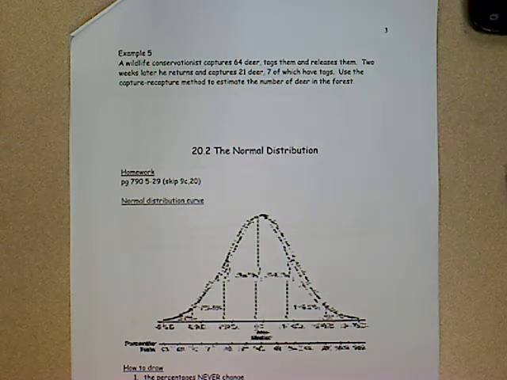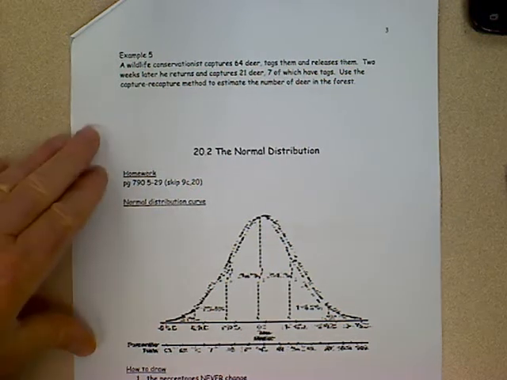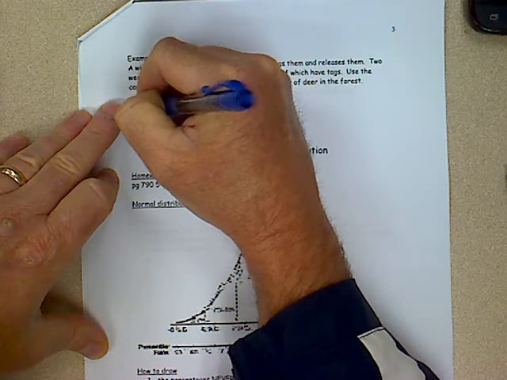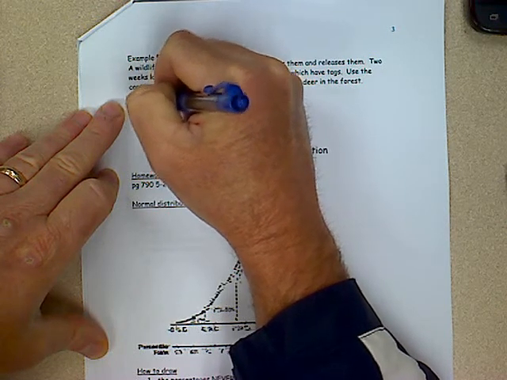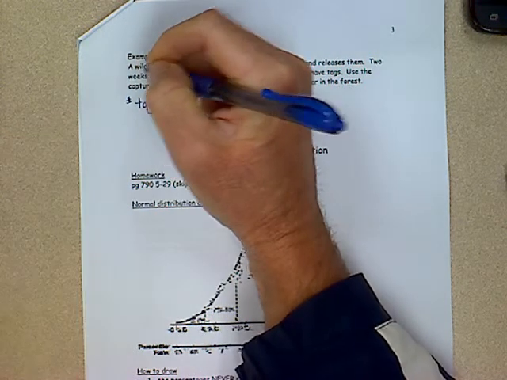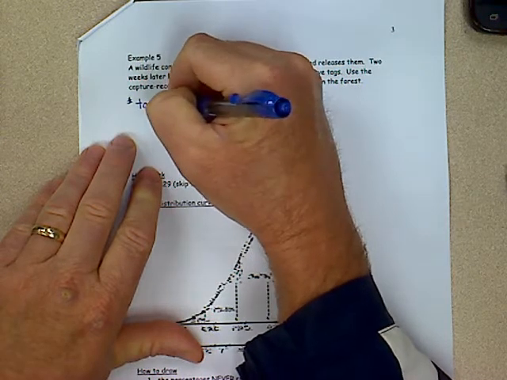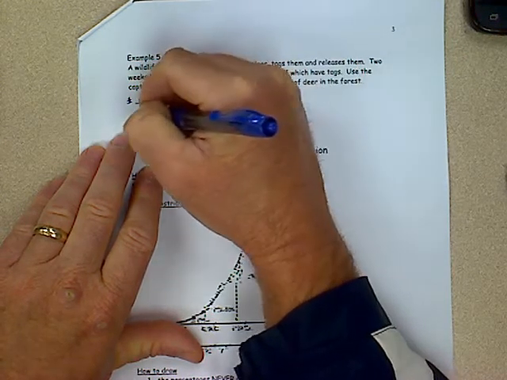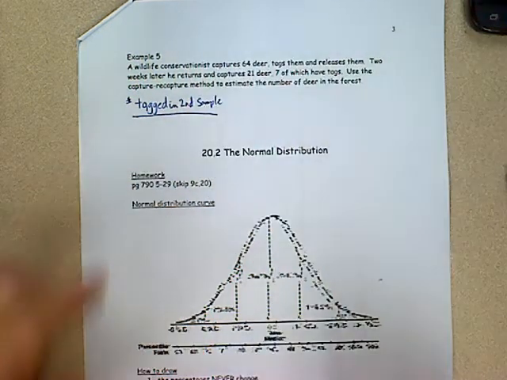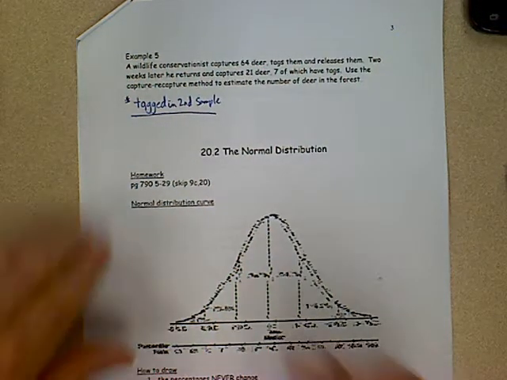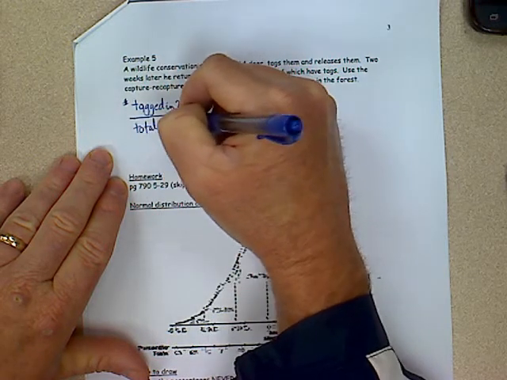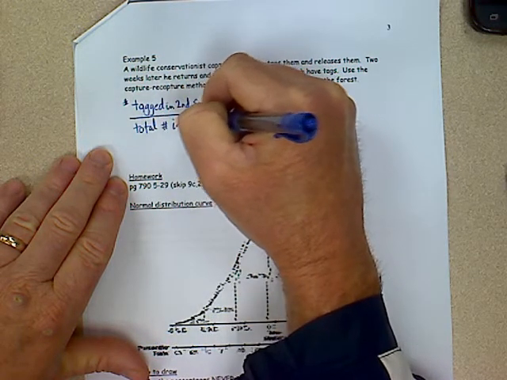So we need to have a formula to do this, so go ahead and write this down. What you're going to have is the number tagged in the second sample. This is the second time the park ranger or conservationist in this case goes back out, over the total number in the second sample.